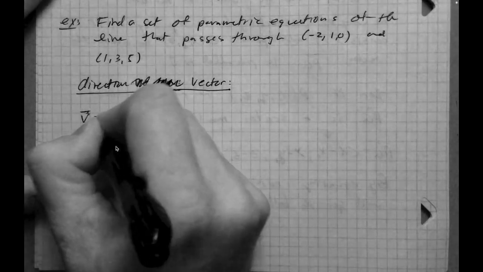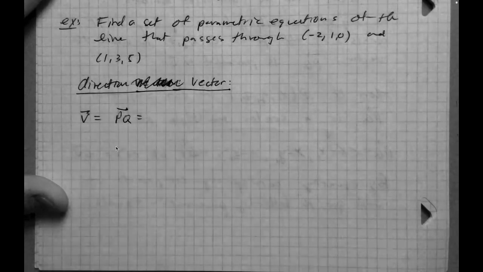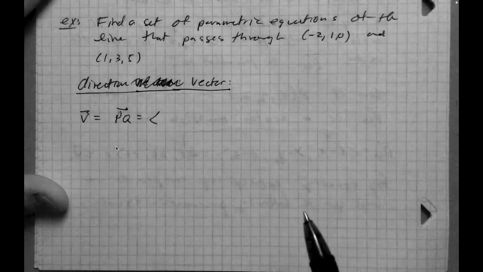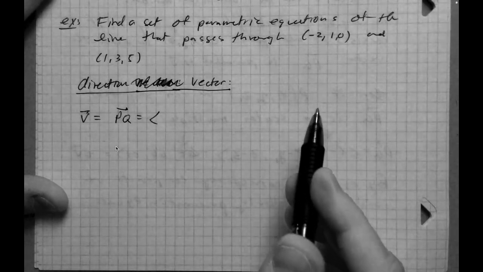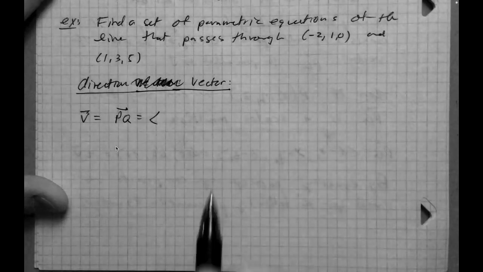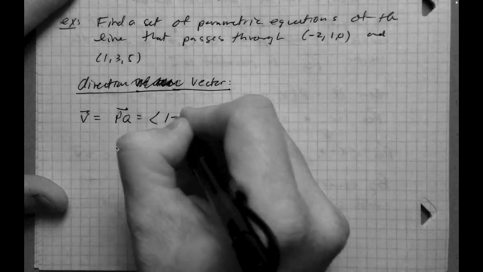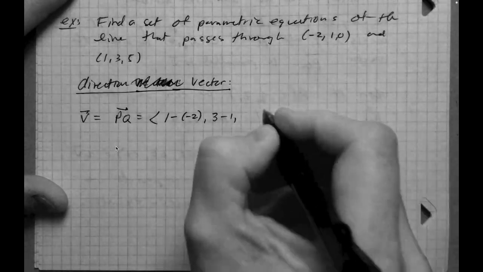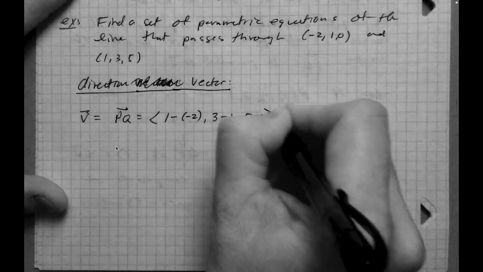So we'll say v is equal to PQ in this case. To find the vector PQ, we subtract: we take Q and subtract off P. So we'll have 1 minus -2, then 3 minus 1, and then 5 minus 0.